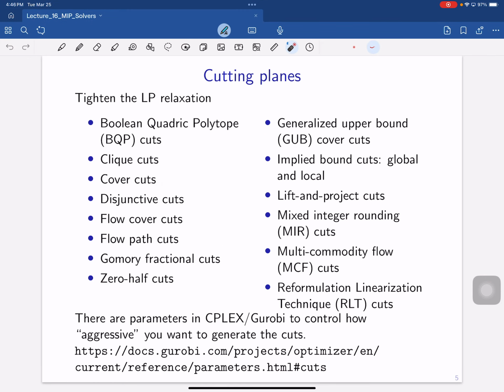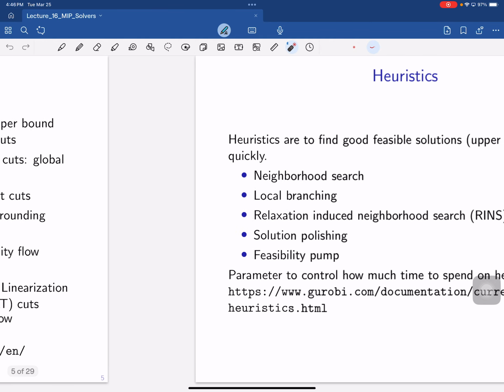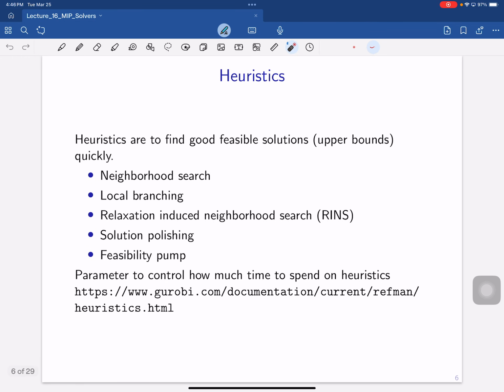All right, so I won't go into the details of cutting planes since we didn't talk much about that. I want to spend some time on heuristics since we've never talked about heuristics in this lecture before. There are different heuristics implemented in a MIP solver, including neighborhood search, local branching, and so forth. Similarly, you can control how much time the solver spends on heuristics.